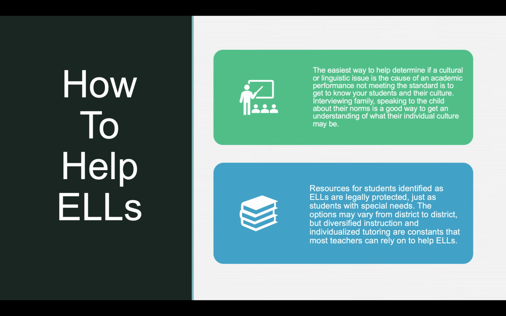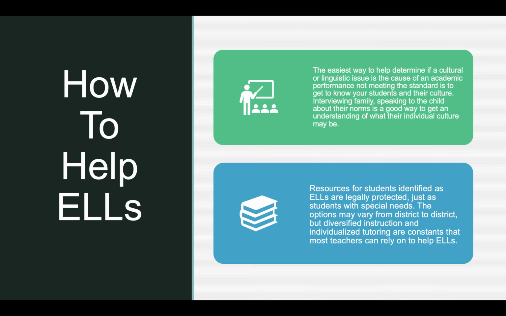So discouraging referrals contributes to under-identification. There's also a misconception in many school districts that you can't serve English language learners in special education programs at the same time. So those are the general reasons that a child might be underrepresented as a child with a disability.